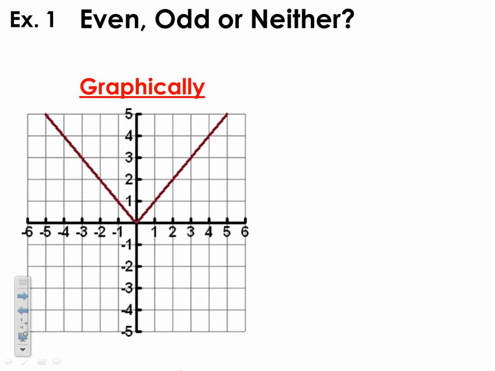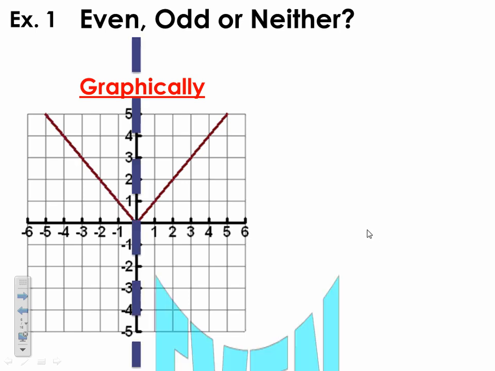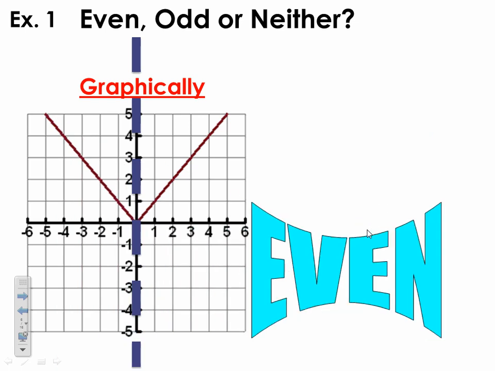If we were to look at example 1, is it even, odd, or neither? We see if we fold it right across this y-axis, if we fold it over, then that is an even function because the two sides would land right on top of each other.